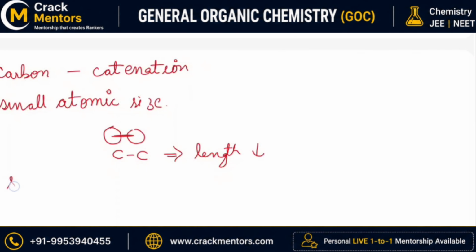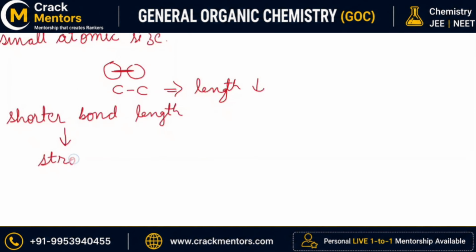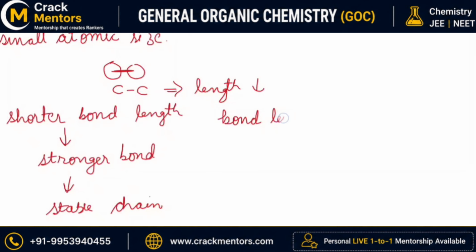Shorter bond length means stronger bond. Stronger bond means very difficult to break, so it forms stable chains. Bond length is inversely proportional to stability and strength. It means if bond length is more, then the strength will be less.